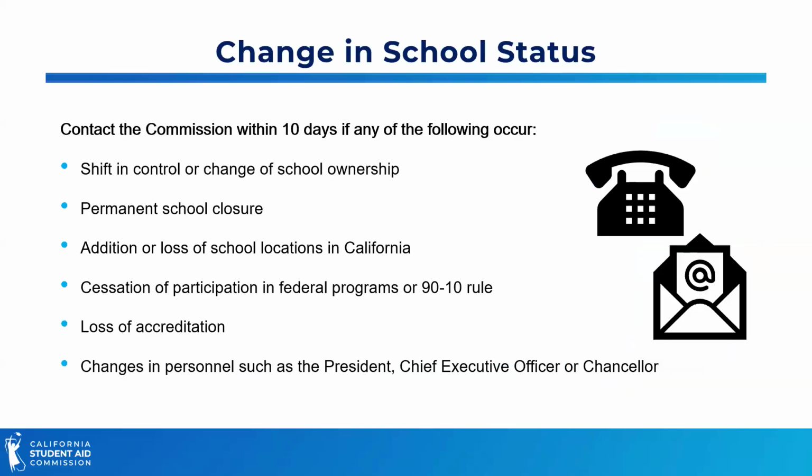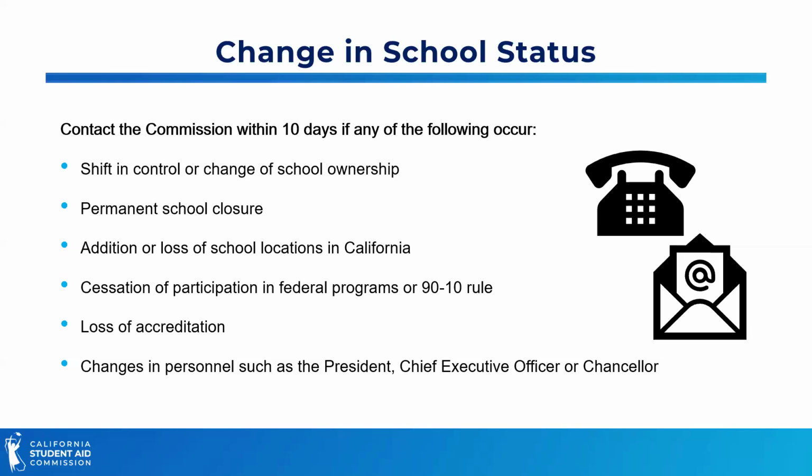Now, I mentioned that there are times when schools would need to submit an updated IPA, and that can be related to changes in school status. And so if an institution has any of these following changes, they must notify the commission within 10 days. And there are times when there are additional steps needed to renew that Cal Grant IPA and stay within the required guidelines in order to administer Cal Grant.